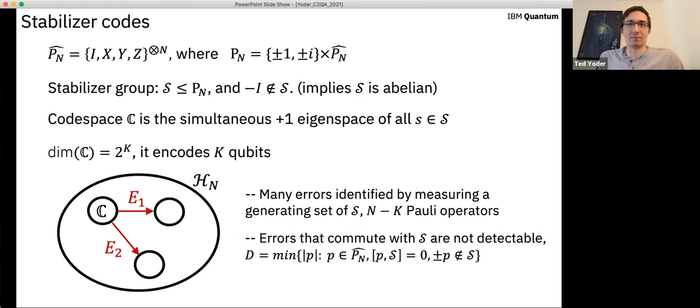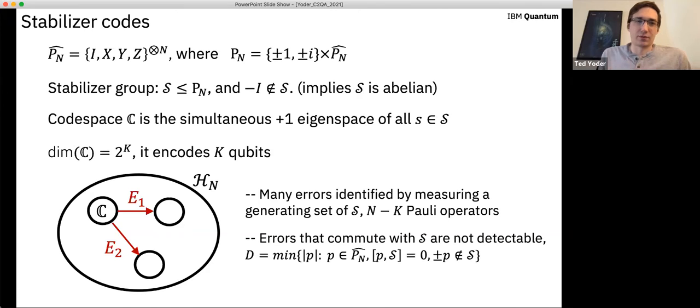Okay. Now, because this is a somewhat more diverse audience, I'll just briefly describe what stabilizer codes are. So you have the signless Paulis, which are just tensor products of I, X, Y, and Z. And then if you put plus or minus one, plus or minus i signs on them, you get the Pauli group.